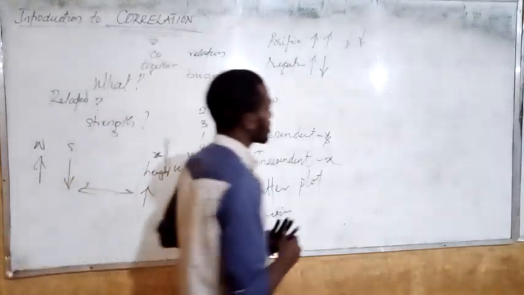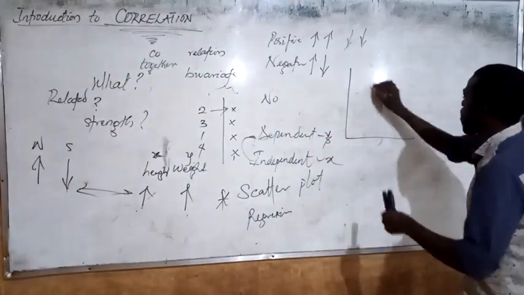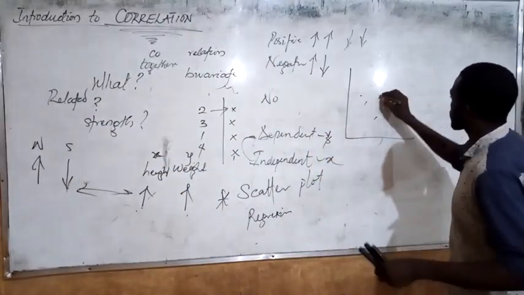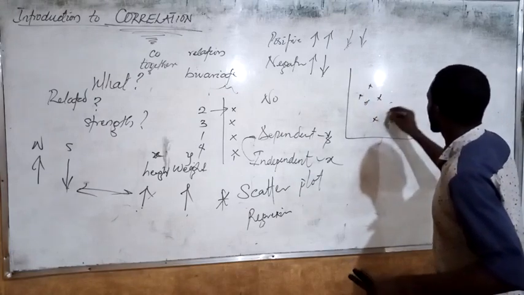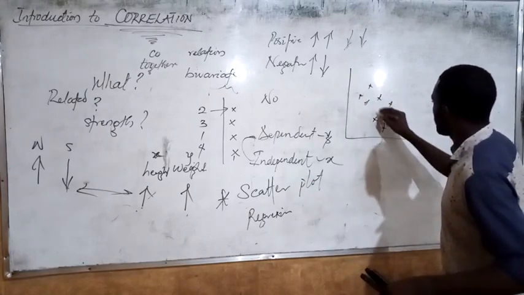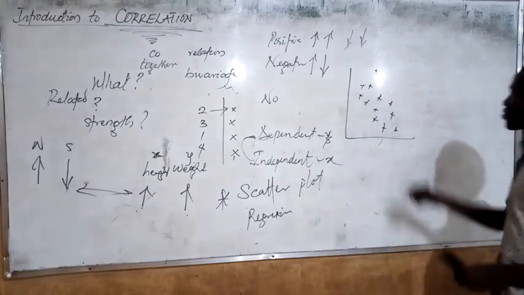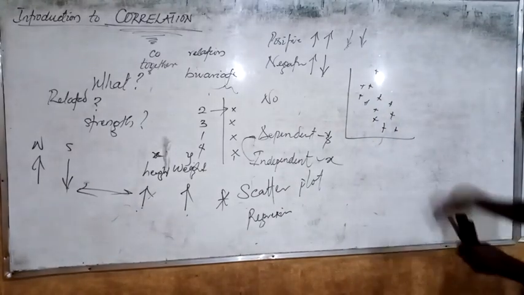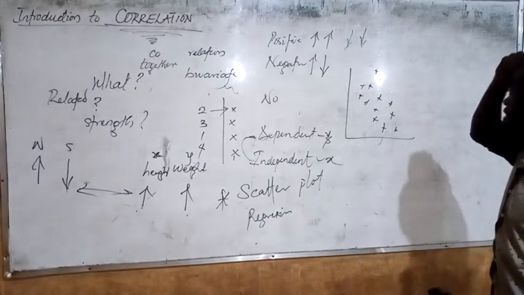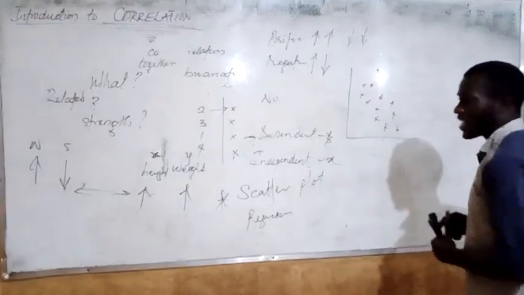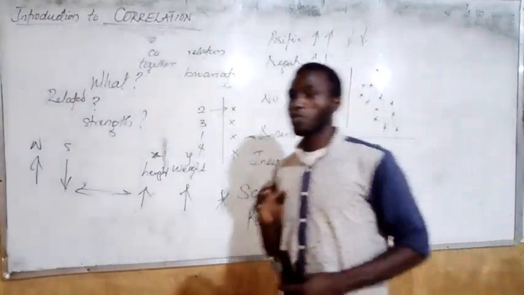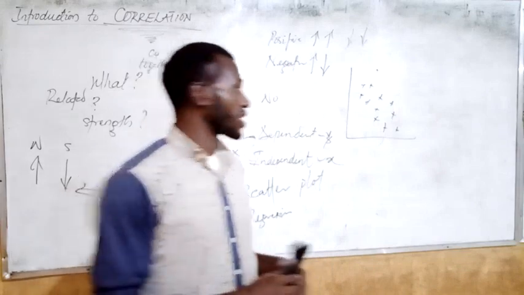The reason why it is called scatter plot is that it takes something like this form. So look at a plot like this. You see it is scattered because the values are not regular on a particular line. When we will be doing regression analysis, I'm going to be showing you the straight line equation.